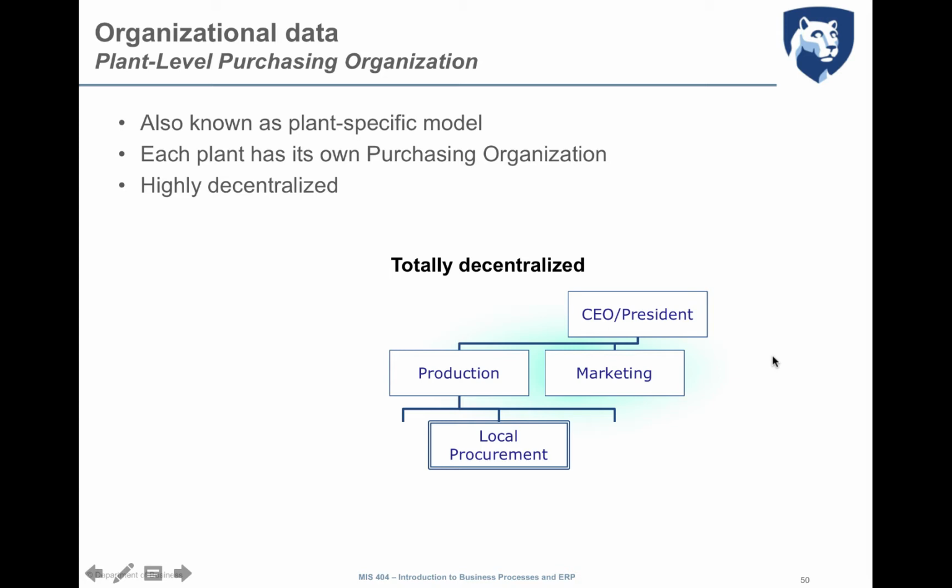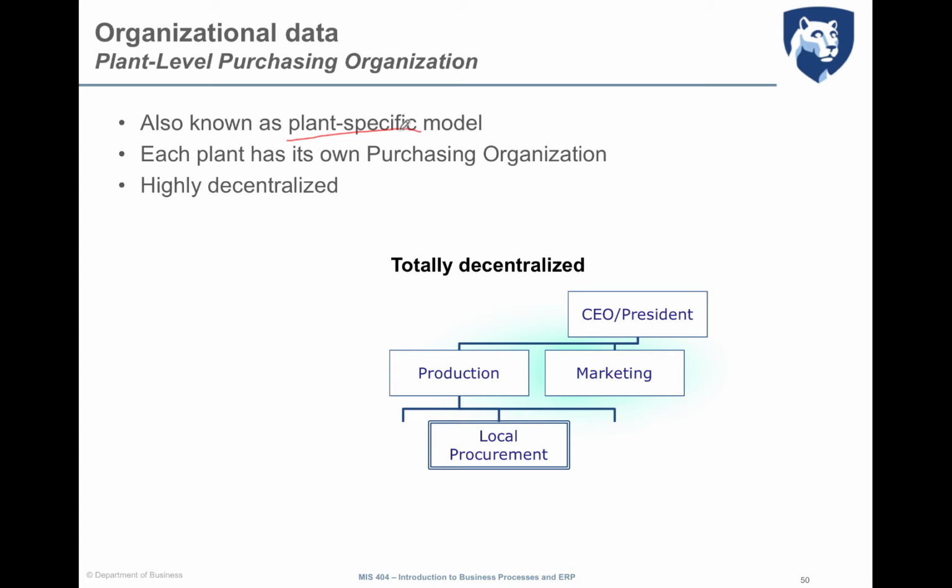Finally, we have the plant level purchasing organization, which is the most decentralized model, also known as plant-specific purchasing organization, because in each plant there is a specific purchasing office in charge of managing all the needs that the plant may have.